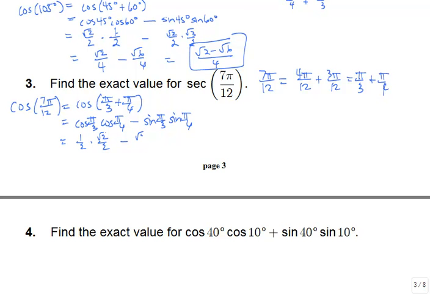Sine of pi over 3 is root 3 over 2. Sine of pi over 4 is root 2 over 2. So we get root 2 minus root 6 all over 4, just like we had for some of the earlier ones. Now remember, this is what cosine of 7 pi over 12 is. So secant of 7 pi over 12 needs to be the reciprocal of this.